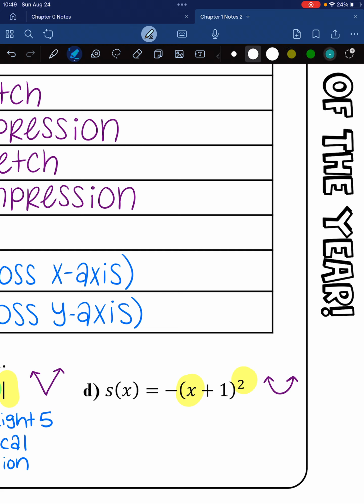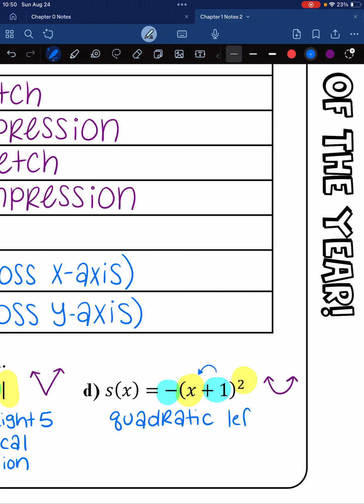Okay, and I can see 2 transformations here. The transformations are +1 and multiply by a negative. So remember, +1 could mean left 1 or up 1. Depends on where it is. Since it's inside with the x, that means my quadratic is going to move left 1 because it's inside with the x, and x is my horizontal.